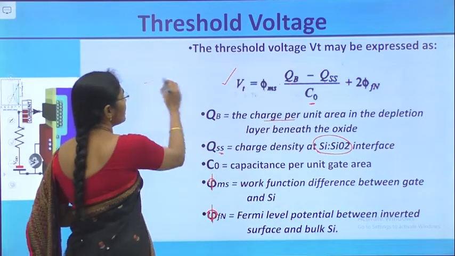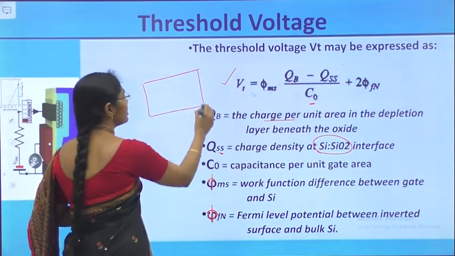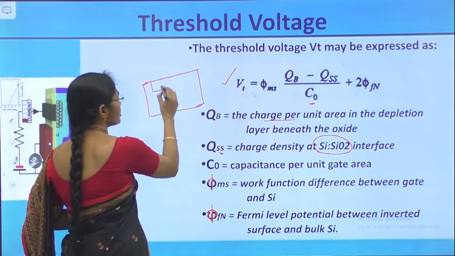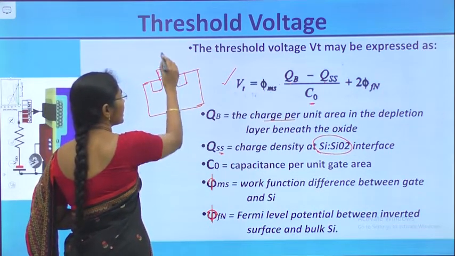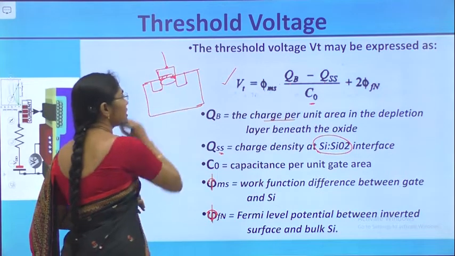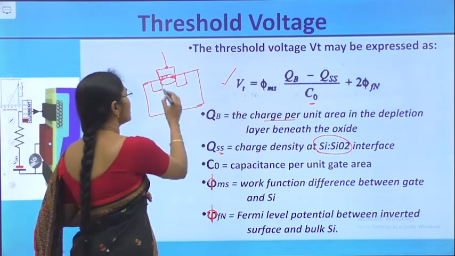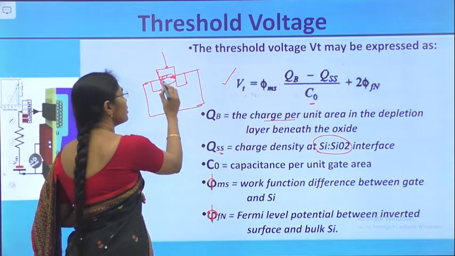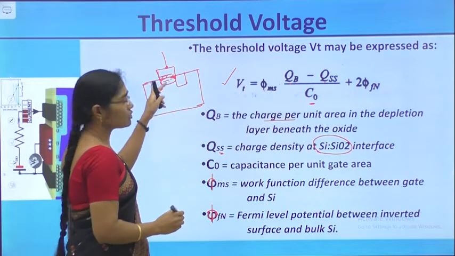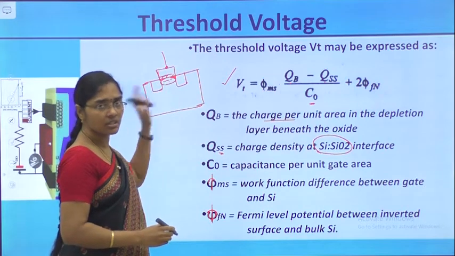Since the threshold voltage is the voltage defined at the gate to make a channel, and a channel is simply a physical property, we are changing the charge from positive to negative or negative to positive under the gate region.